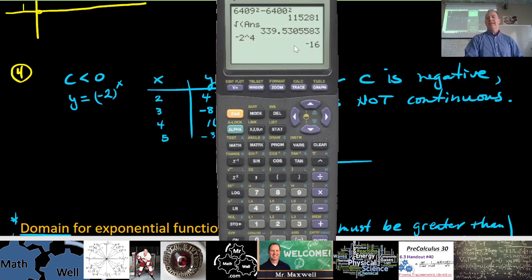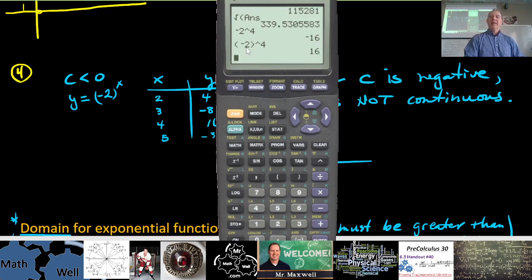Why is that? Because the negative is not part of the base. What I mean is, if the base truly is a negative value, it would be like this: (-2) to the power of 4 is -2 times -2 times -2 times -2, that's +16.